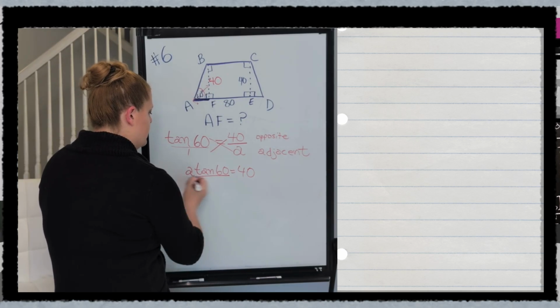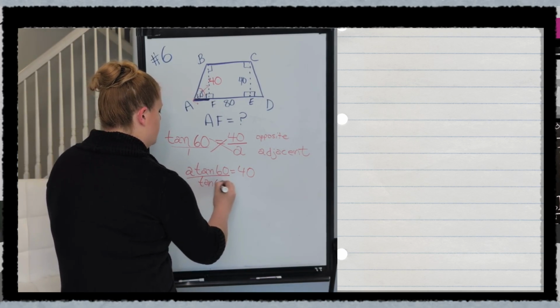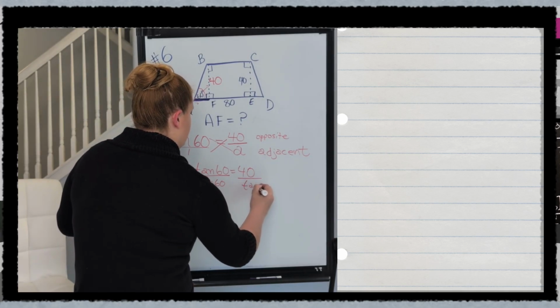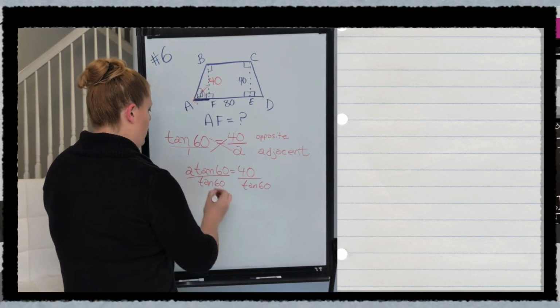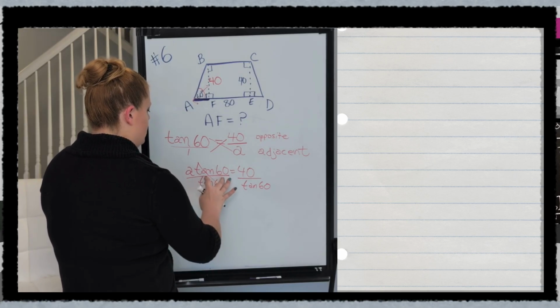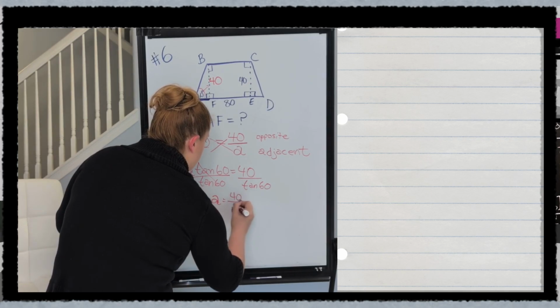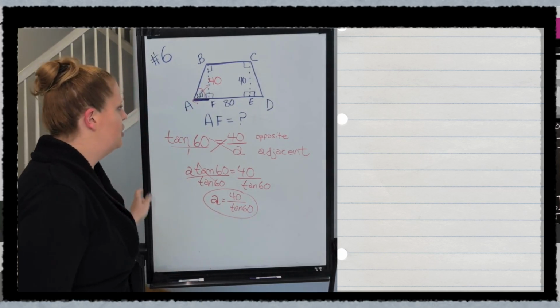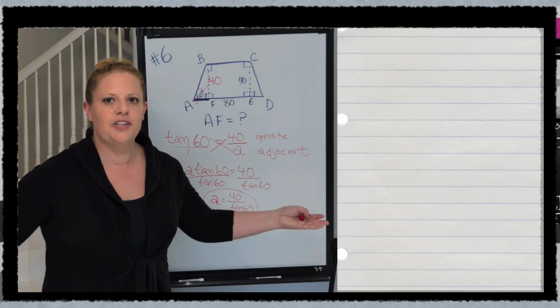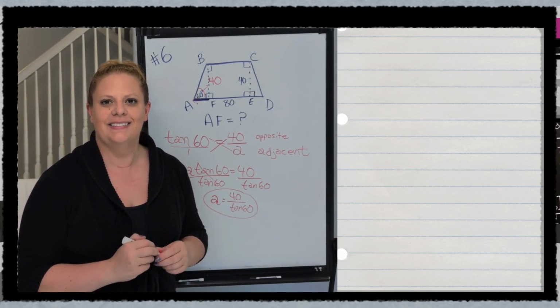And to get A by itself, I divide both sides by the tangent of 60. That makes this one cancel out. A is equal to 40 over tan 60. That would be my answer. Now yours looks a little different as always, so it'll be a little bit different.